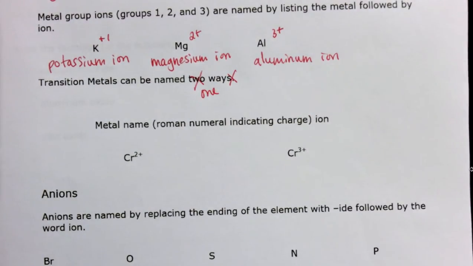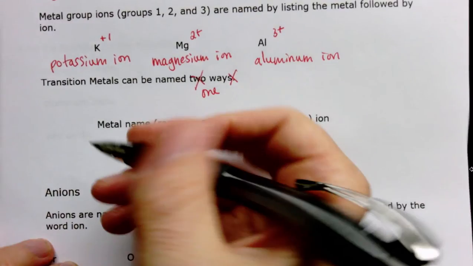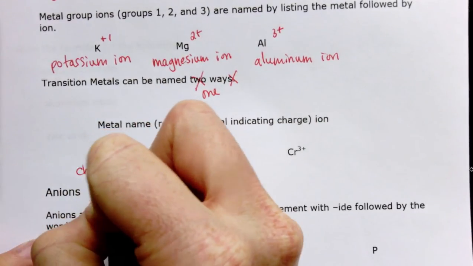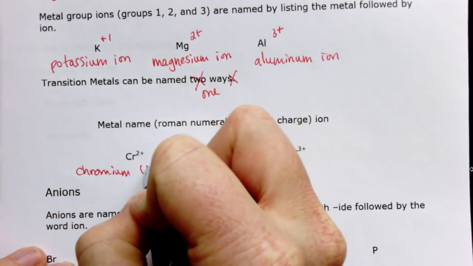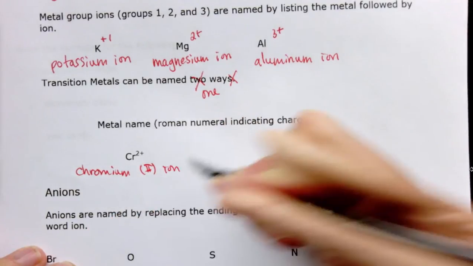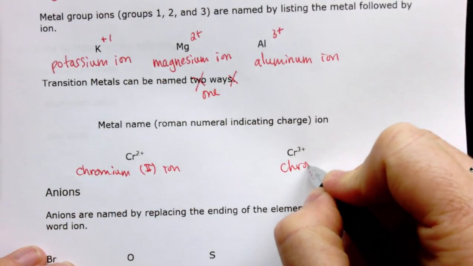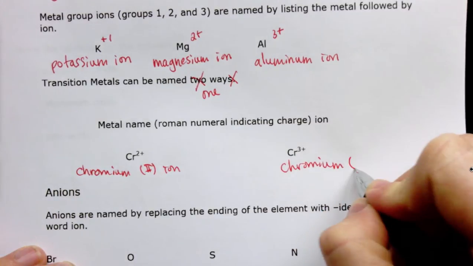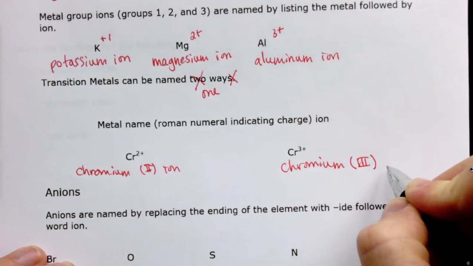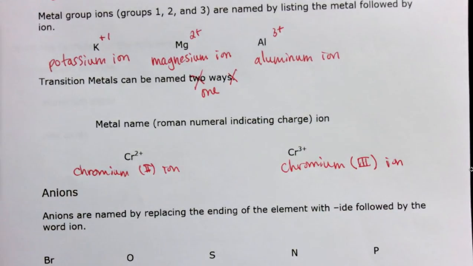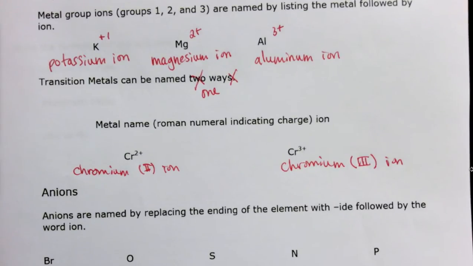This is chromium(II) ion, while this is chromium(III) ion. So if you just said chromium ion, it's ambiguous. That's why we need to put the Roman numerals. So that's how we name cations.